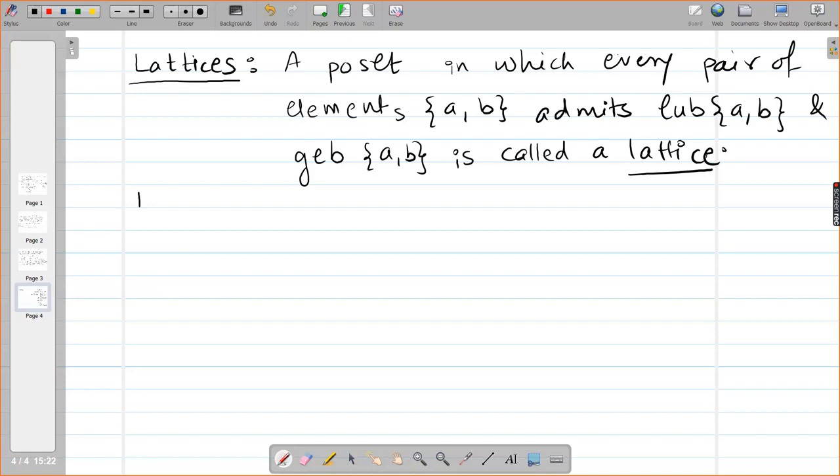A lattice is denoted by L. Okay, don't write this statement. We will write it at the end because we need some more notations to denote a lattice.